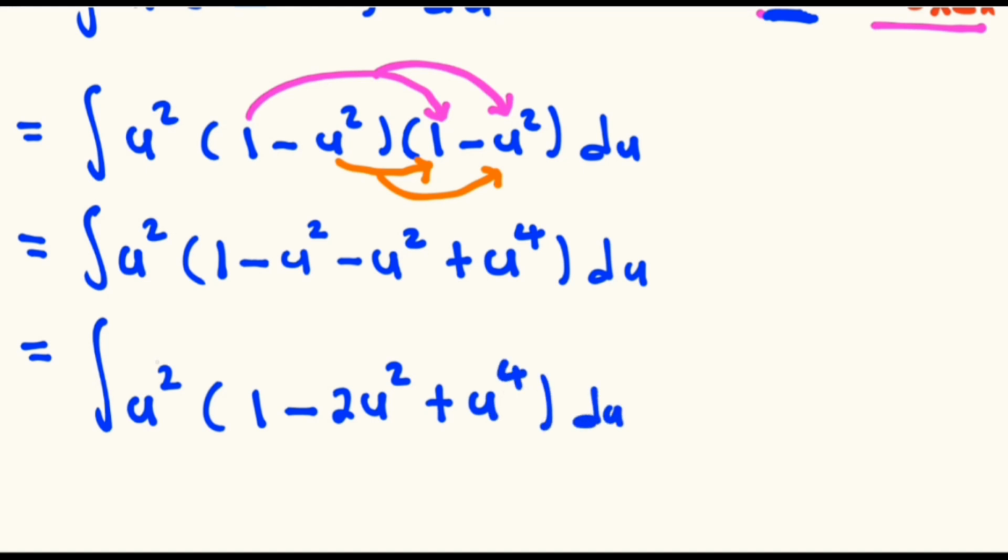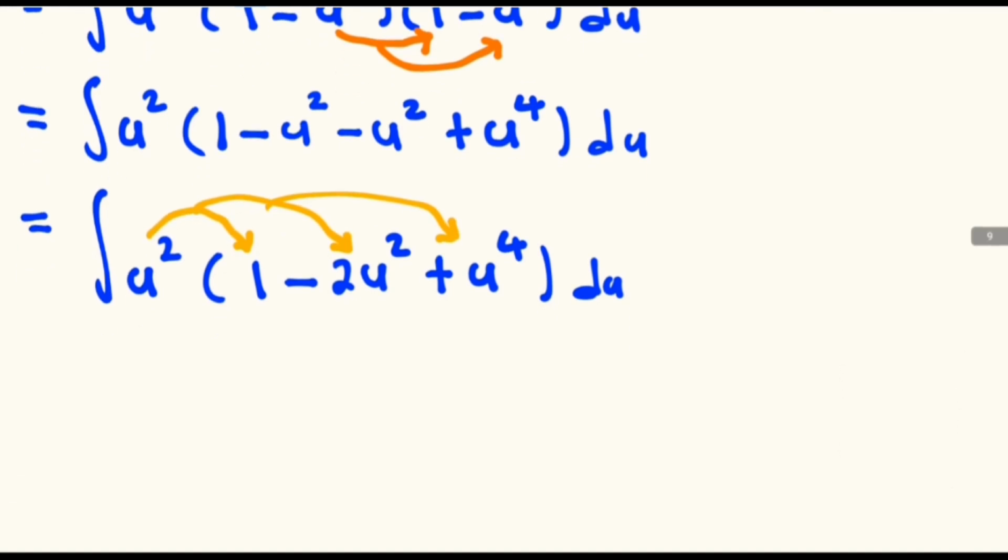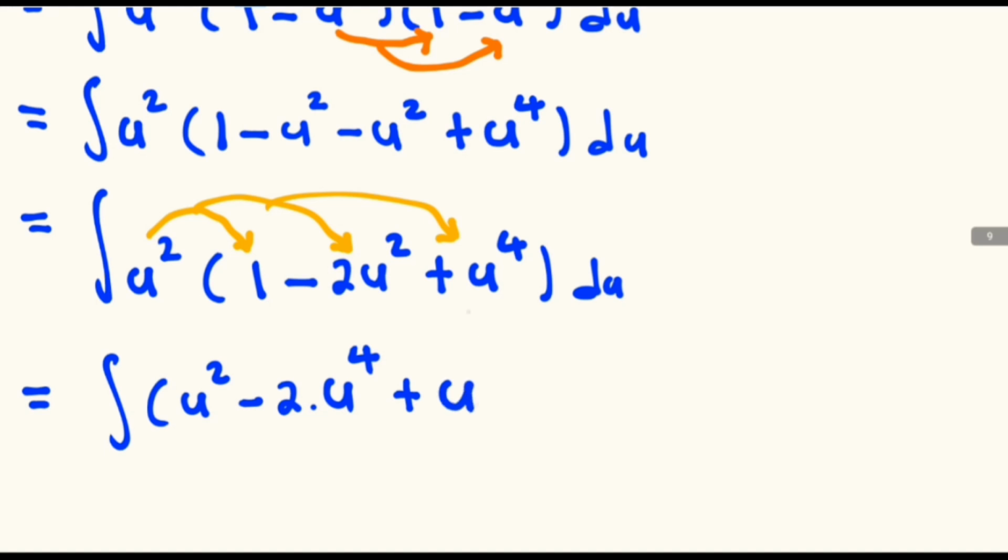We distribute the u squared inside the other parenthesis, and this will be equals to u squared multiplied by 1 will be equals to u squared, multiplied by negative 2u squared will be equals to negative 2u raised to the power 4, plus u squared multiplied by u raised to the power 4. The bases are the same again, so we add the exponent. 2 plus 4 is equal to 6. And this is multiplied by the du.